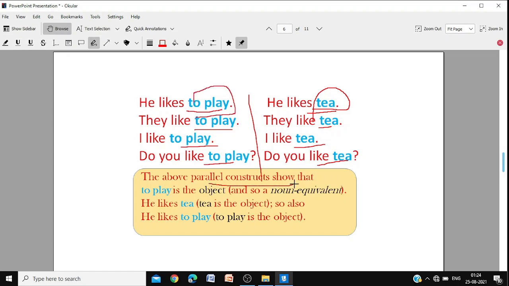The object is a noun equivalent. Just as tea is a noun when we say he likes tea, when we say he likes to play, to play is also the object. It's a noun equivalent, working as the object of the verb likes.